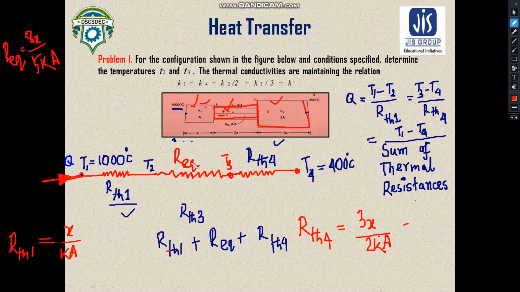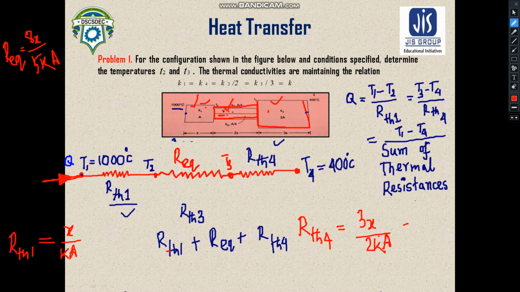This equivalent resistance is created by the parallel arrangement of these two walls. Now you can see that these three resistances are in a series arrangement, so we just need to sum them up to find the total thermal resistance.